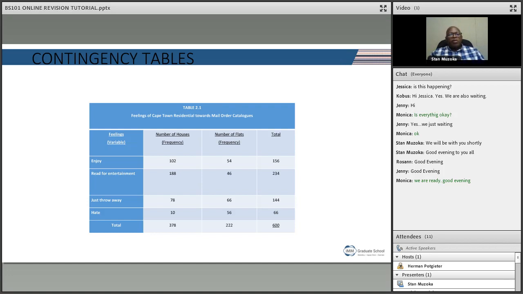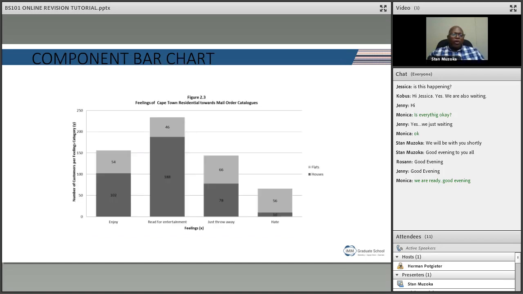The total still remains the same, and the totals for the two variables add up to the grand total of 600 as well. We also use contingency tables later when we talk about basic probability concepts.